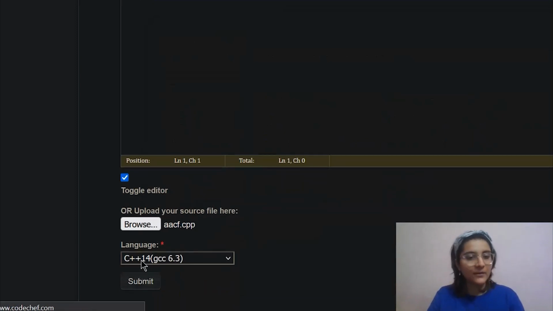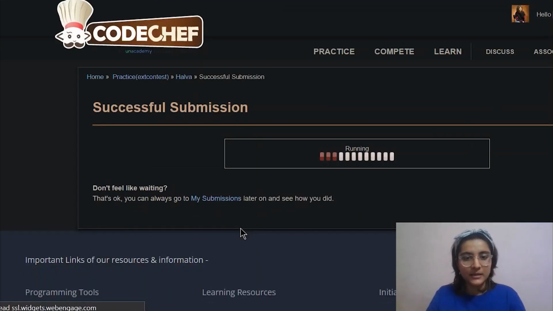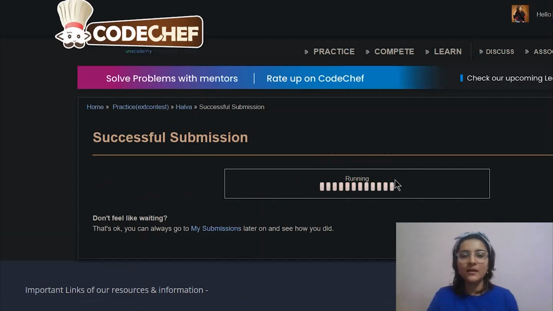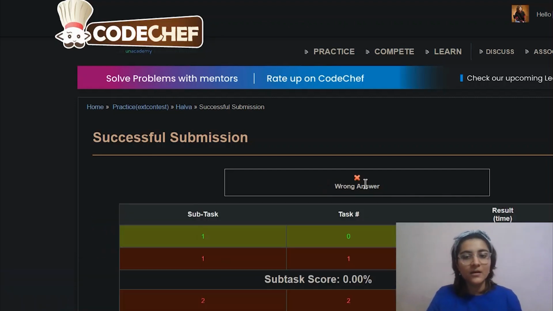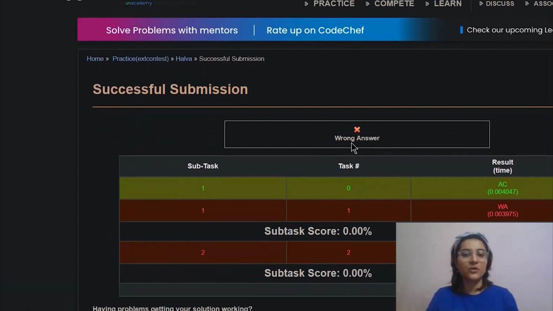I submit it in the language C++, and it'll take a few seconds to run it on all the test files that are present in the system. And as you can see, it'll give me a wrong answer.